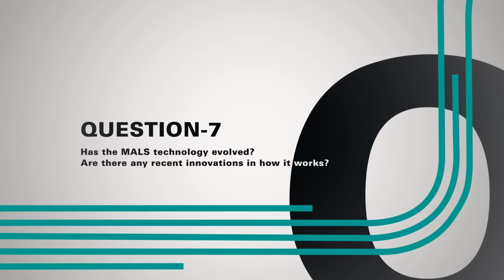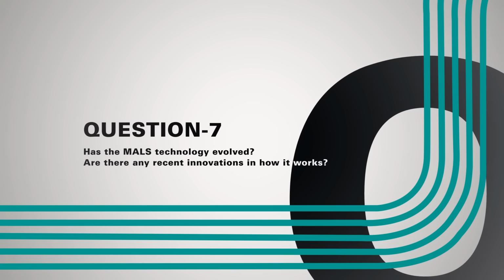It's been used primarily for years to determine molecular weight and size for polymers, and then eventually for biomolecules. So the technology has been out there for a long time. Is there new innovation to improve it, or are people still using the same instrument throughout the history of MALS? Yeah.